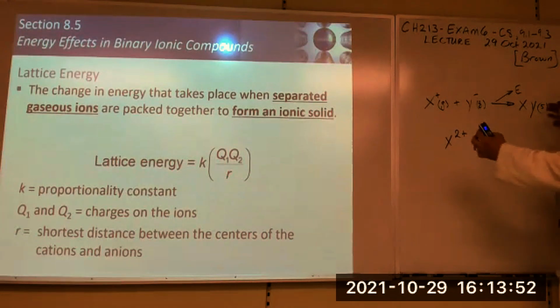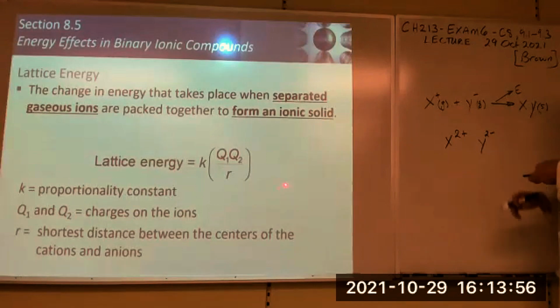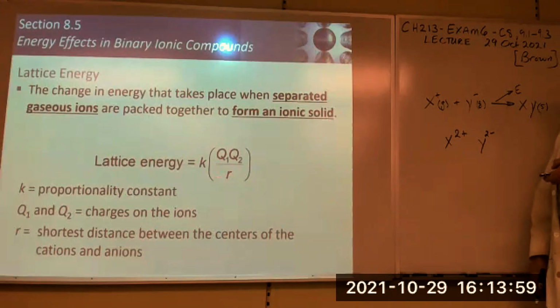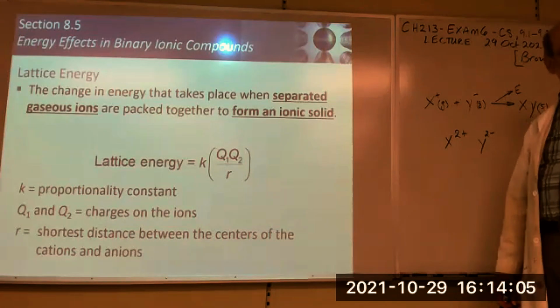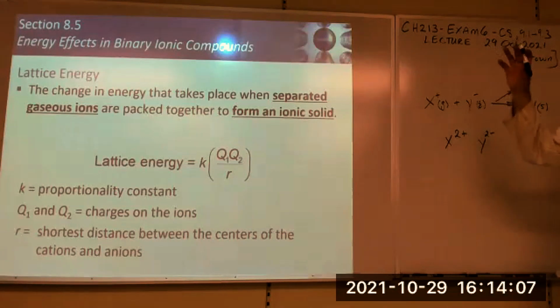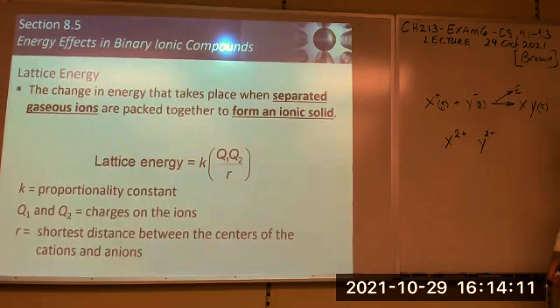If they move really close together, then the strength of attraction is stronger. It's kind of like Newton's law of universal gravitation. The closer the bodies are together, the stronger the gravity is, and the bigger they are, the stronger the gravity is. So it's a similar concept.